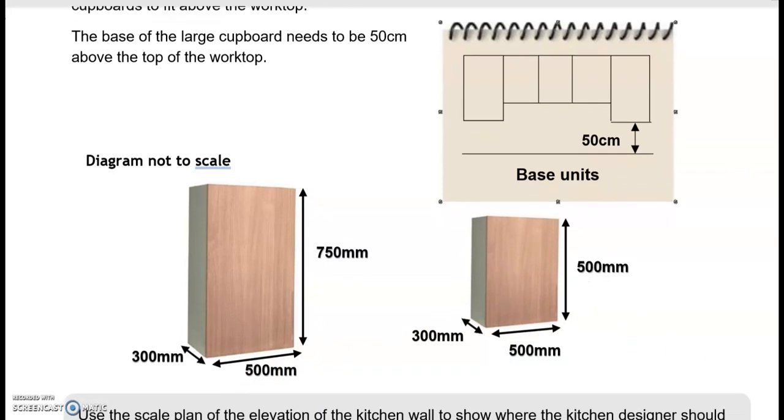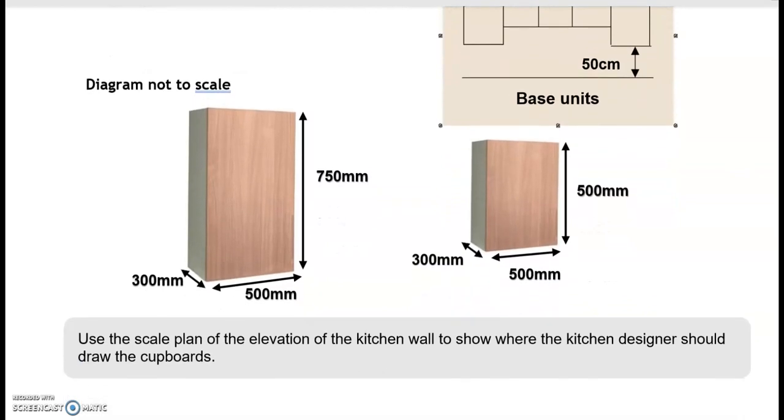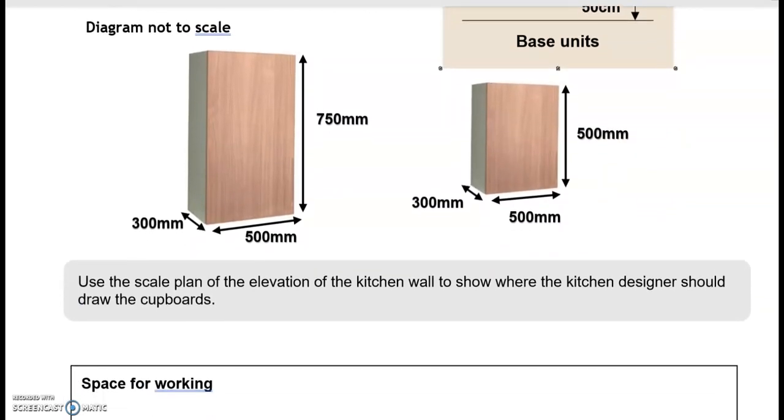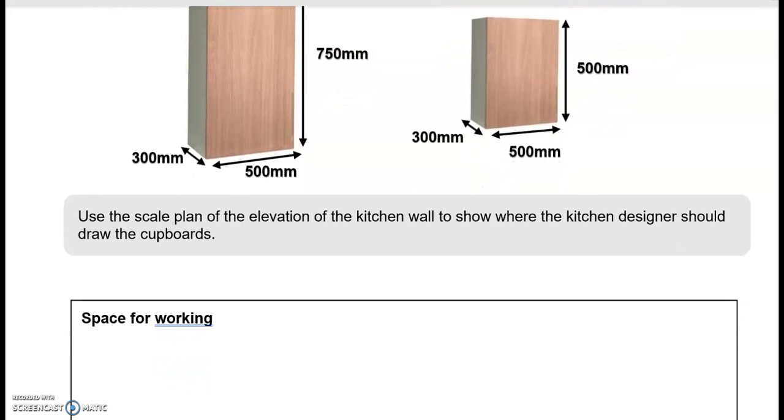So we'll do the working out because we've got a scale that's been given to us. So if the scale is 1 to 25, then this dimension here, which is 750 millimeters, will be in the plan equal to what?